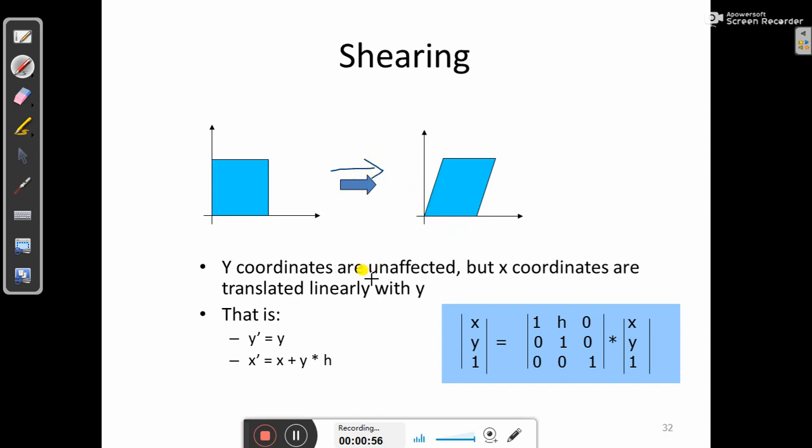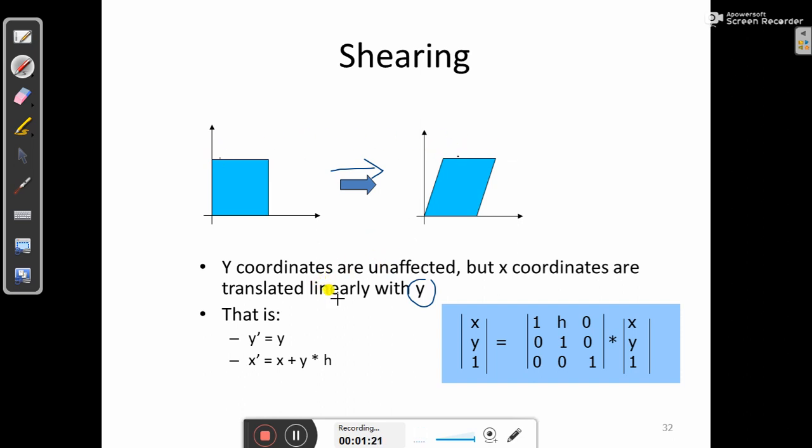The y coordinate will be unaffected, but the x coordinates are translated linearly with y. Suppose the original position of some point was here, but now it is going there, then why not y?